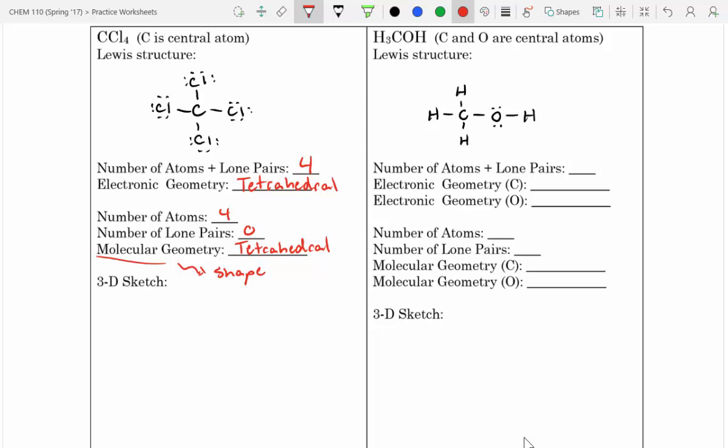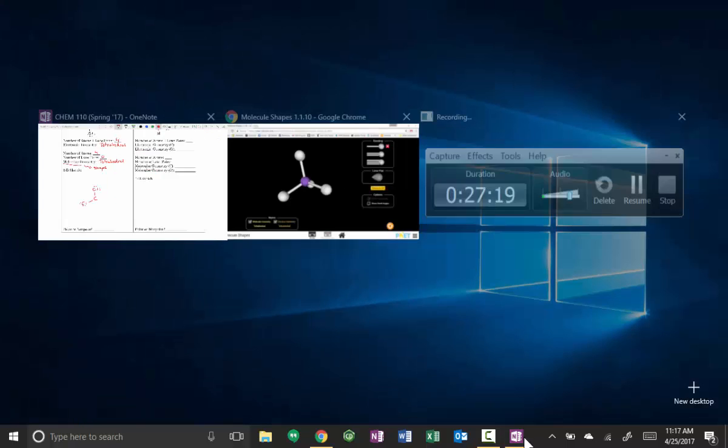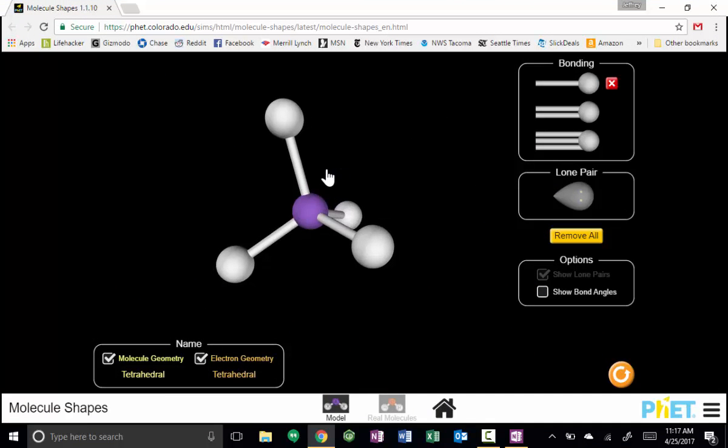Okay, so if we do a 3D sketch, this gets a little bit trickier. What I like to do is draw my central atom. We can have 2 chlorines that are essentially in plane. But if we go back and we look at that computer simulation, let's try to match it up to this drawing. So the 2 chlorines on the left and top are in plane, right?